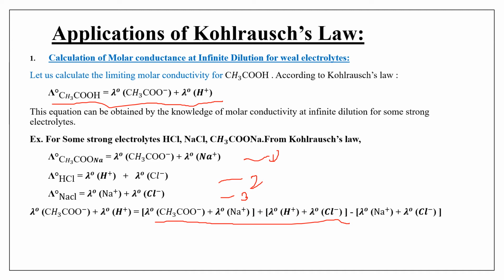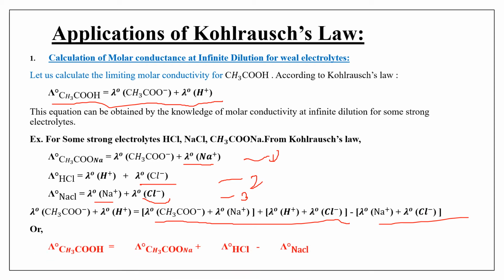And as we subtract equation 3 from the addition of 1 and 2, we will get this. Why do we do so? Because here two ions are common in these equations. The common ions are lambda naught of Na positive and lambda naught of chloride ion. As we combine the equations, the common ions get cancelled out.